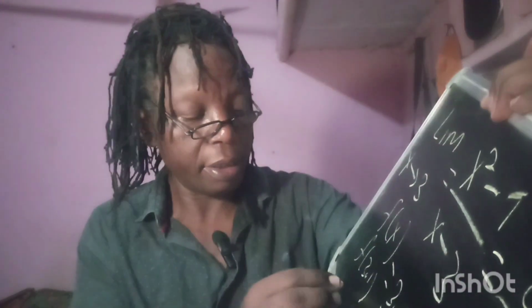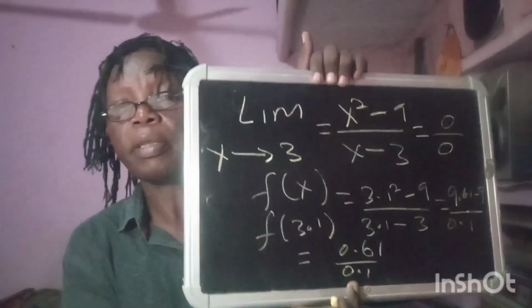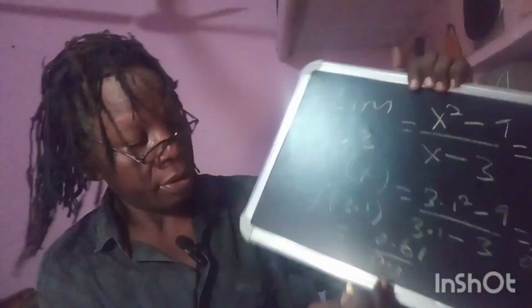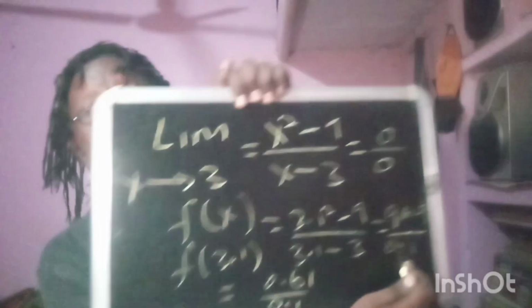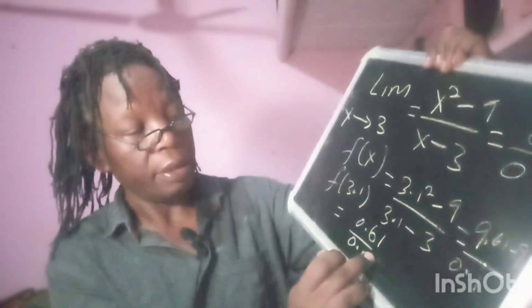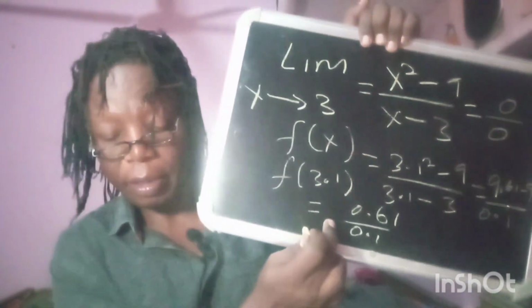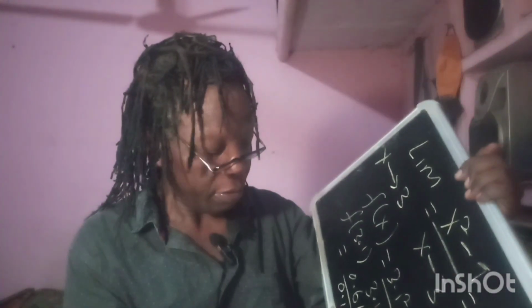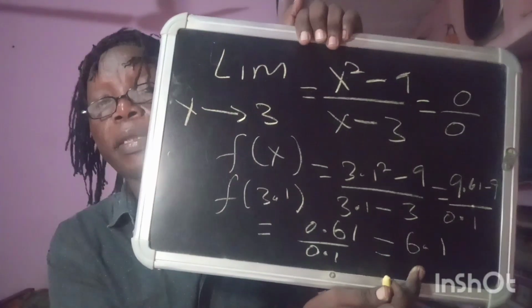Sorry, I've not written it. 0.61 over 0.1. This is what you get if you subtract these things here and divide them over here. Once you divide this value, it's going to give you 6.1 as an answer. You see?